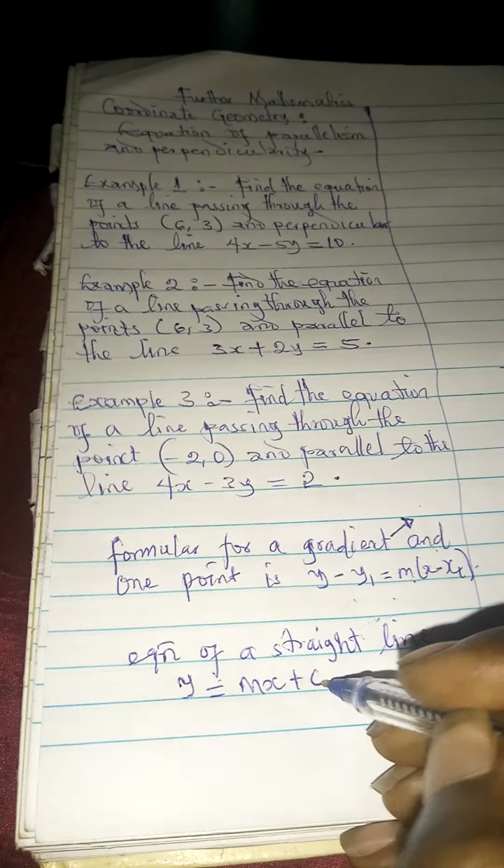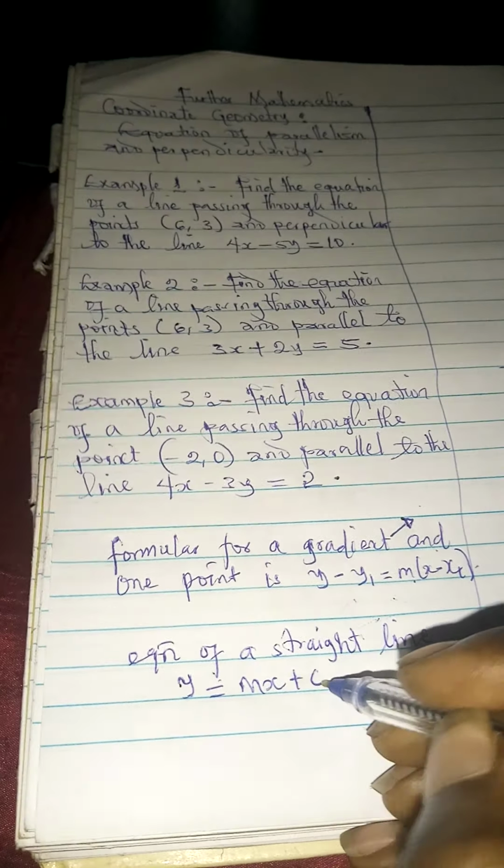So how do we make y the subject of formula from this equation? Two ways. You can either take minus 5y to the other side, or you take 4x to the other side, then you divide both sides by minus 5. But for me, I'm taking minus 5y to the other side because I want to run away from the negative sign. By the time I take minus 5y to the other side, I will be having plus 5y.